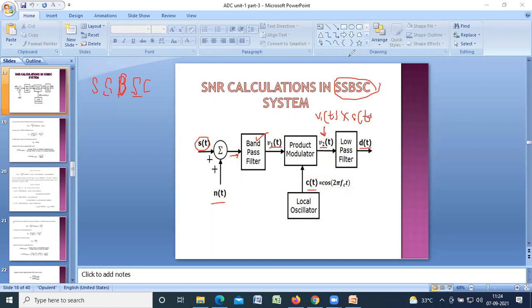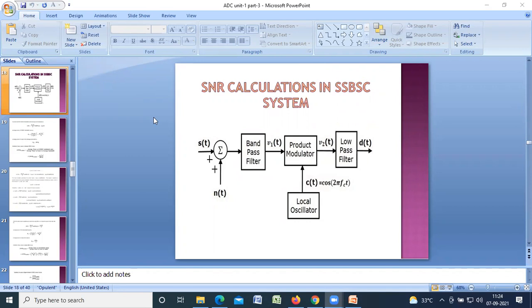We will first find the signal to noise ratio of the channel, then of the output. Please draw it. Shall I continue?